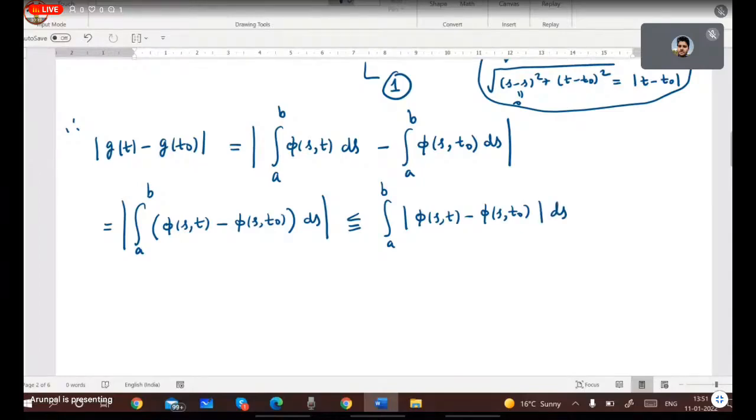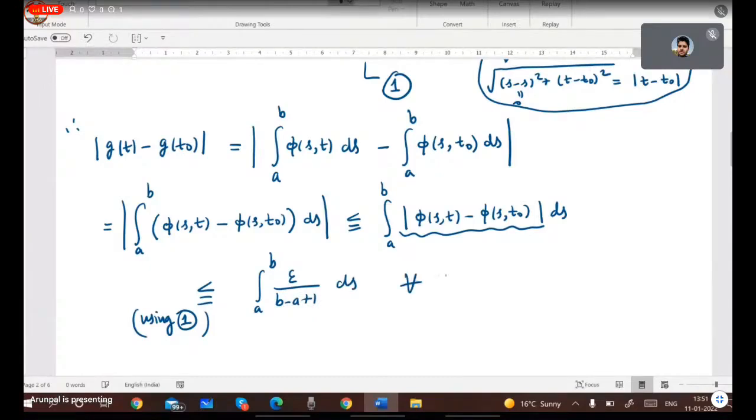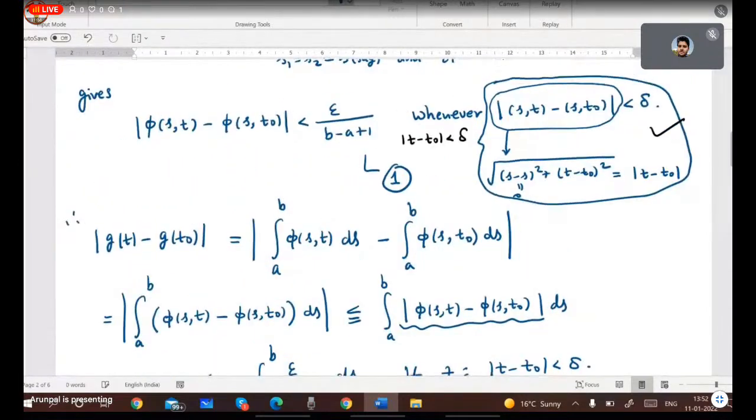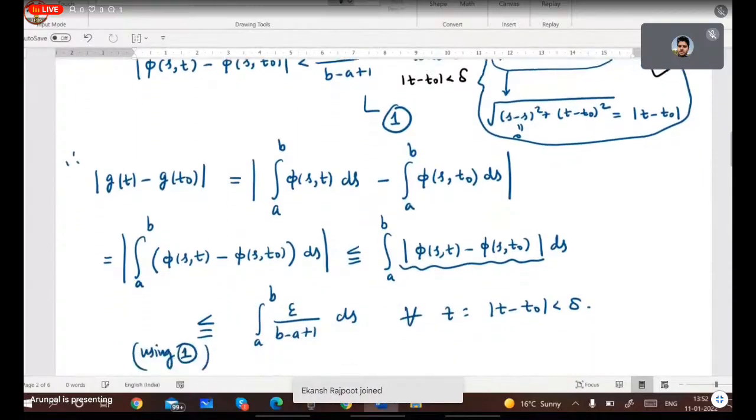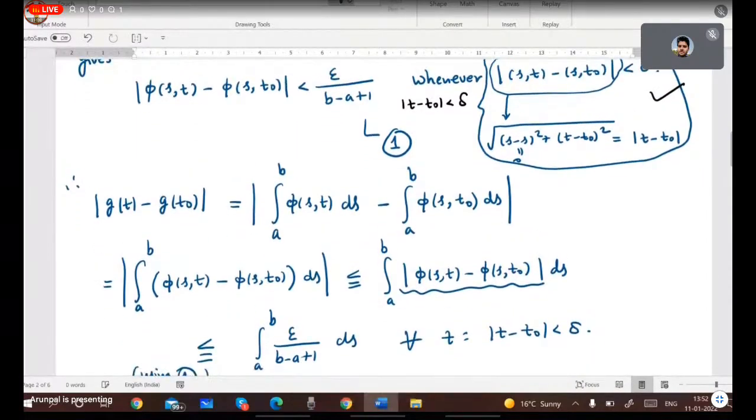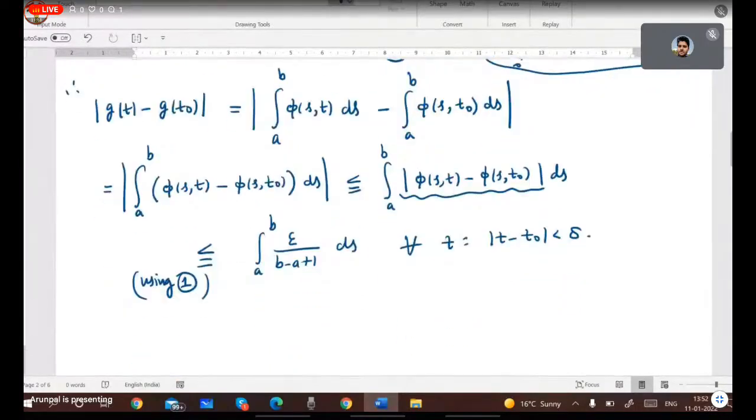And now class, using 1, what do we have? This is less than or equal to the integral A to B of this thing, which is less than epsilon upon b minus a plus 1 for all those t which satisfy the condition that modulus of t minus t naught is less than delta. Is this okay, class? So I have used 1. Yes, sir.